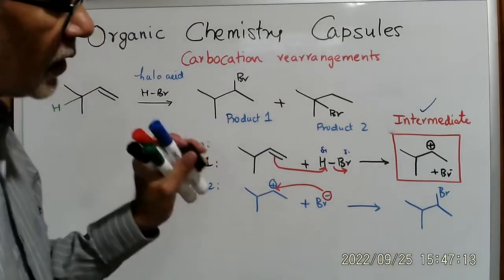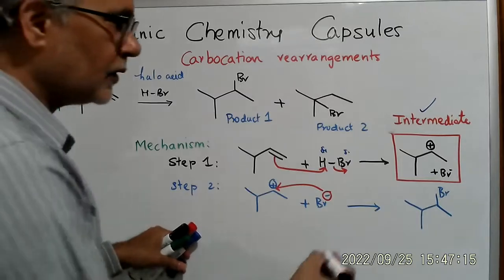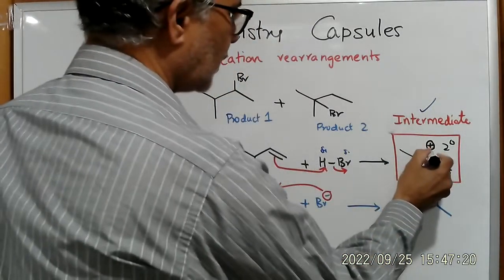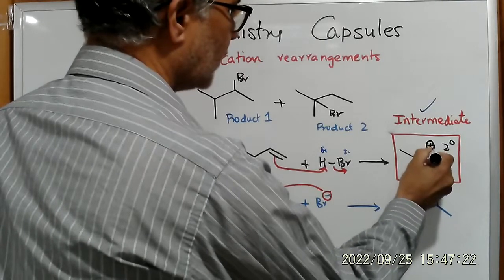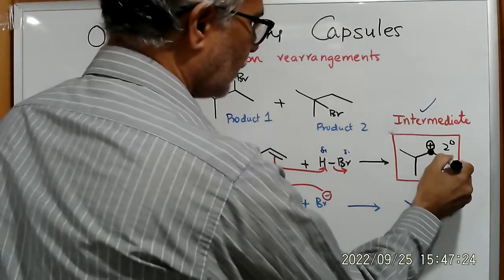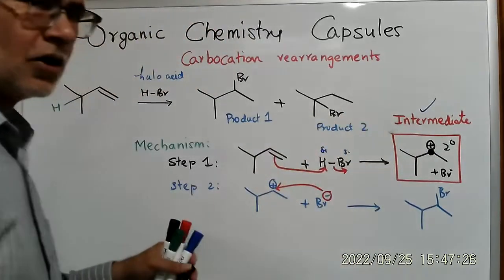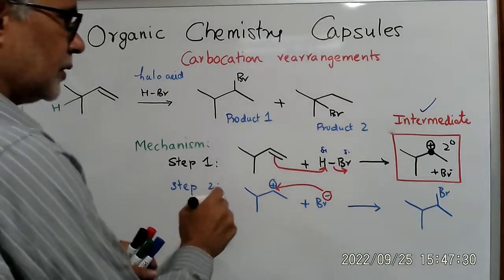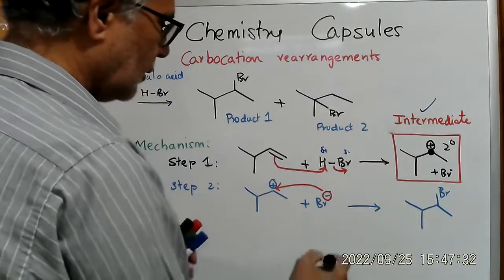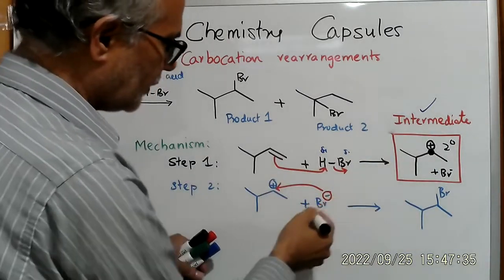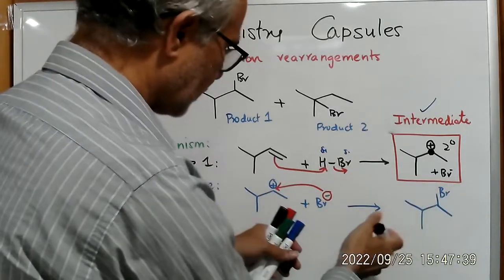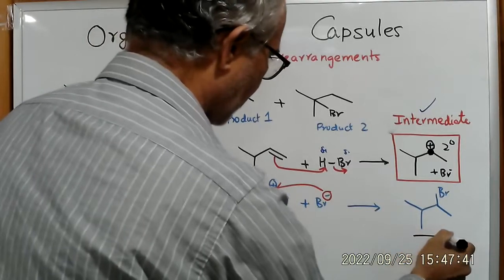We can classify this carbocation as a secondary carbocation, because this carbon is connected directly to one carbon and a second carbon. Now in step 2, the intermediate, the secondary carbocation, traps the bromide. There's a positive charge and a negative charge, so they come together to form a bond, and we get this product.